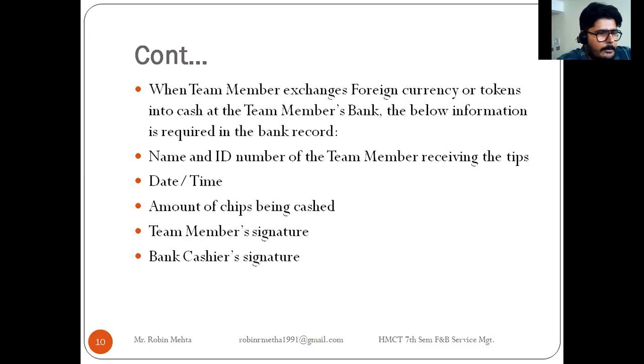Then the amount of chips cashed, that is, how much amount has been cashed from foreign currency, the team member's signature, and the bank cashier's signature also. These points are mandatory whenever you go to exchange your tips at the foreign currency exchange counter.